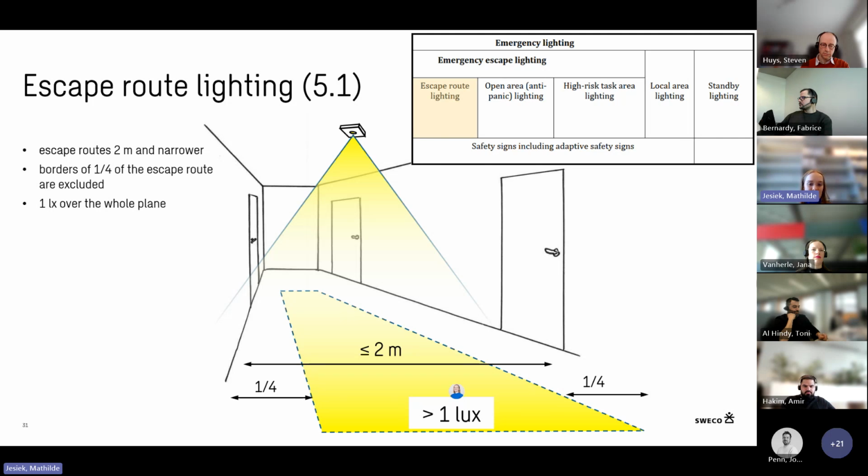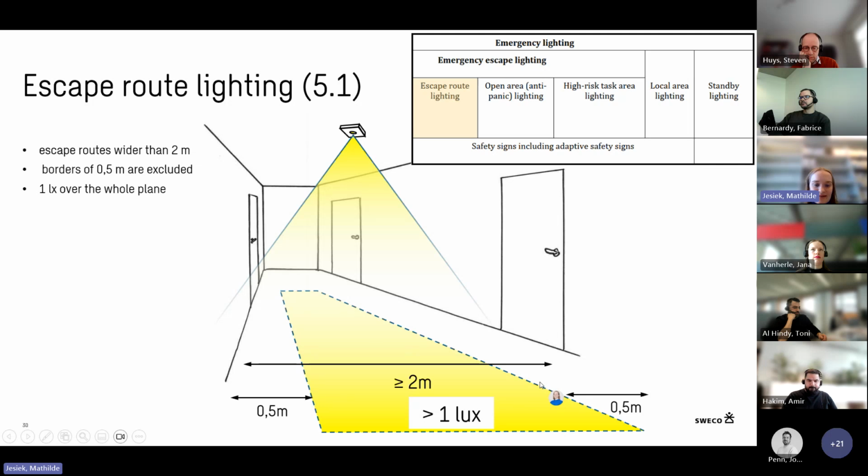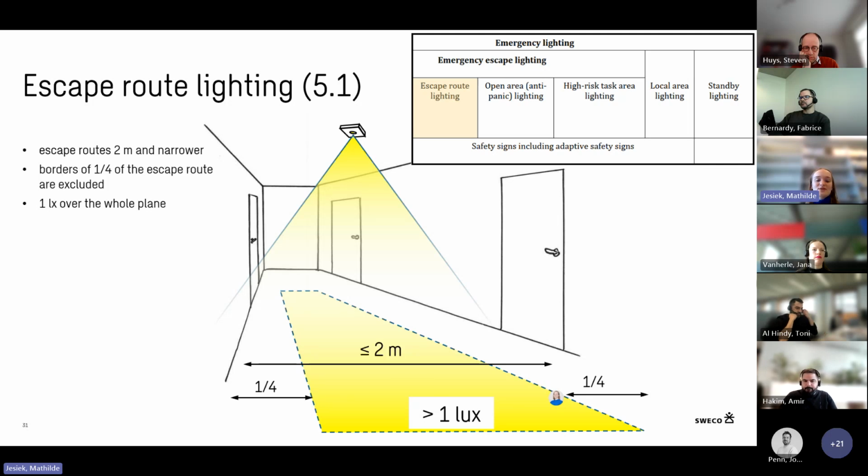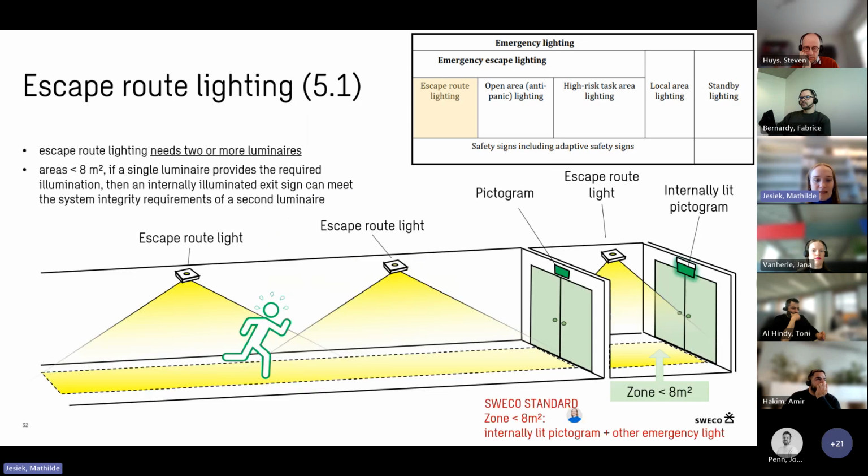We can take off 1/4 of the escape route, of the boundary zone, sorry, and the rest of the escape route will have to be minimum 1 lux. So for example, if you have 2 meters, it will be 0.5 meter here, 0.5 meter here. So then it's both of the rules, right? So just the most important is that you know it's completely 1 lux from now on, and not 0.5 lux and 1 lux on the center line.